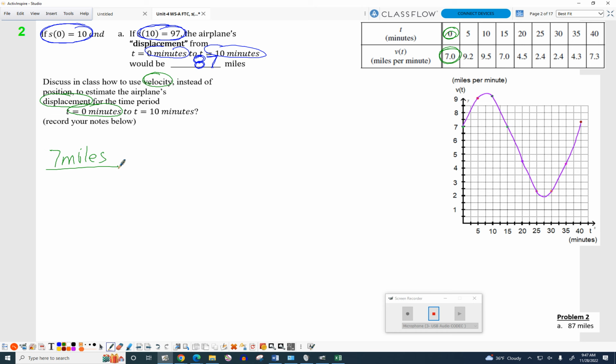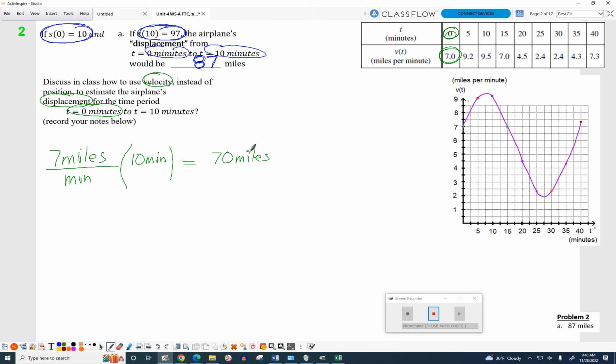The plane's position changes by 7 miles. So if that happens over and over again for, I don't know, 10 minutes, I could make an estimate that the plane's position changed by 70 miles in that 10-minute period. Questions?